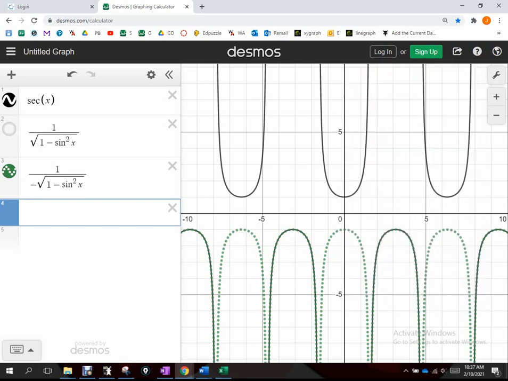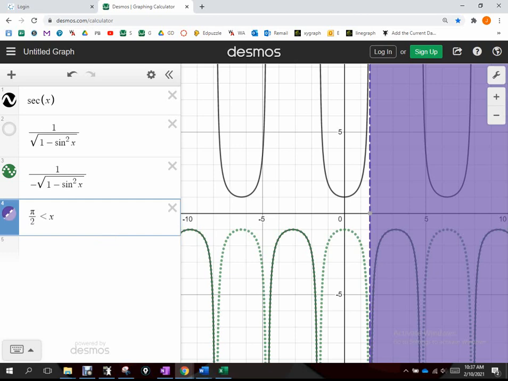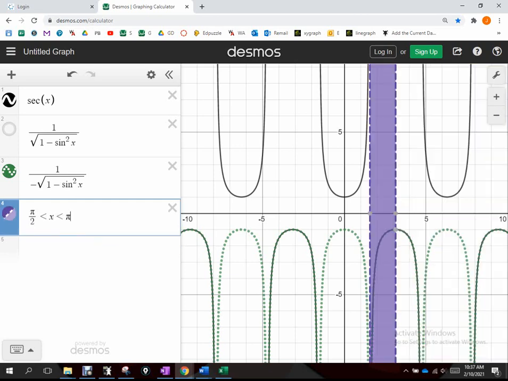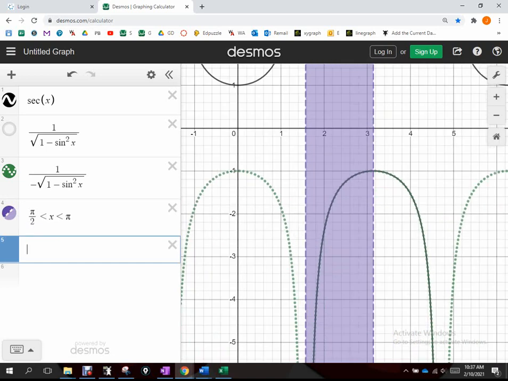Yes, radians. So second quadrant is pi over 2 radians to pi radians. 90 degrees to 180 degrees, right? So I'm looking inside this purple region. Would you guys agree inside this purple region that the green and black graph are 100% the same? Okay, so that's what we're getting at.